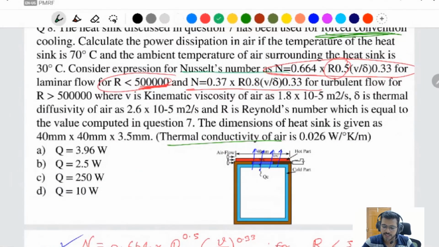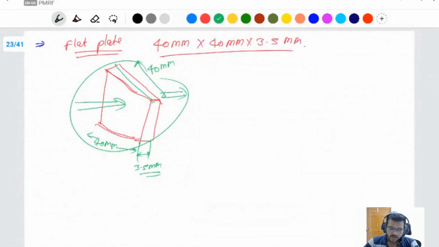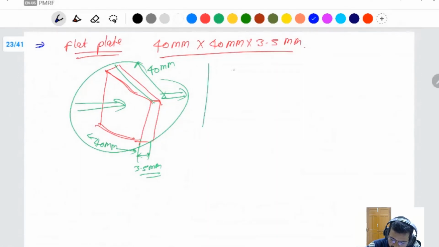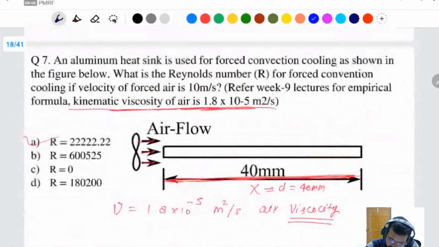The Reynolds number is also mentioned here, then you can use this formula for the flat plate. The velocity u will probably be given in the question. I think it is mentioned in question number 7.